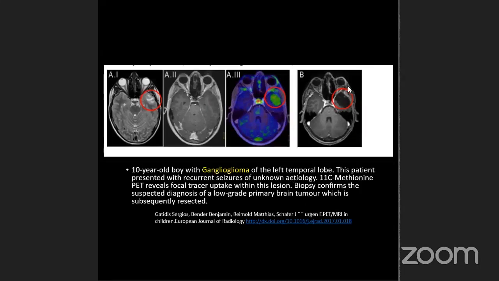And with this tracer, which is 11C-methionine, you can see that there is high uptake. Post-treatment, in this patient, you don't need to make a major resection, you just need to resect the part which is avid in this case. Okay.